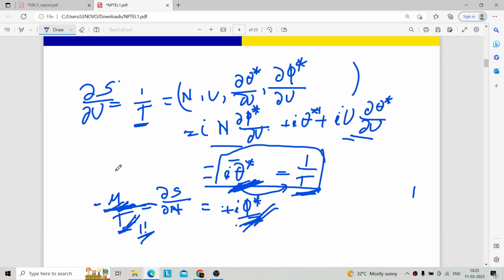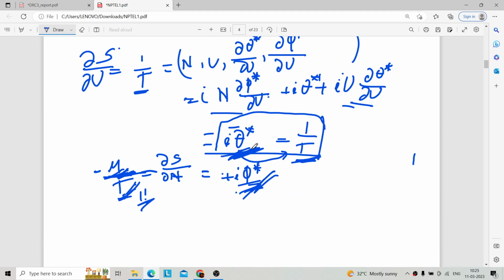And what we found? We found that these abstract variables are not abstract anymore. They are related to the measured variables of the system, the temperature and the chemical potential. So they are not abstract anymore, they have form.